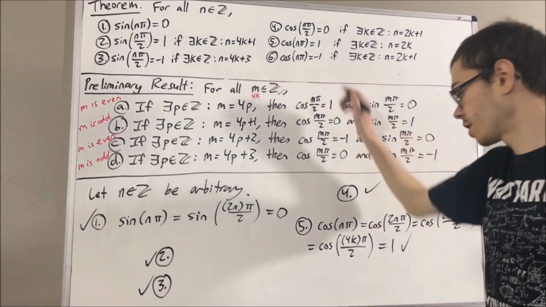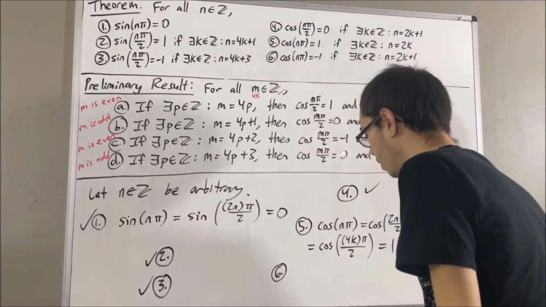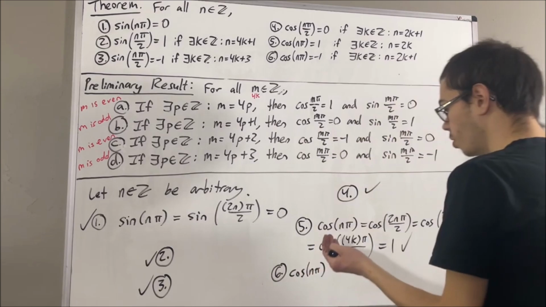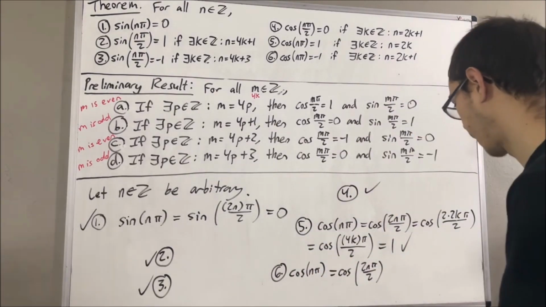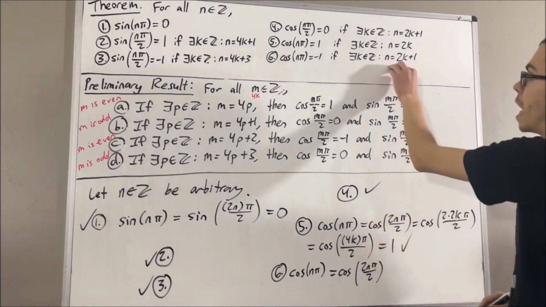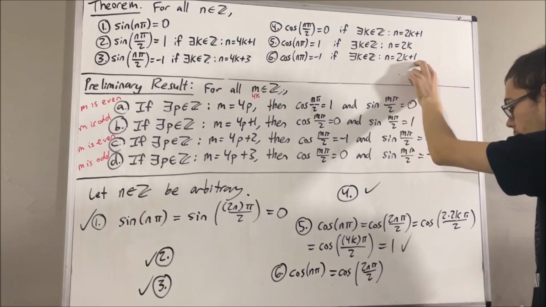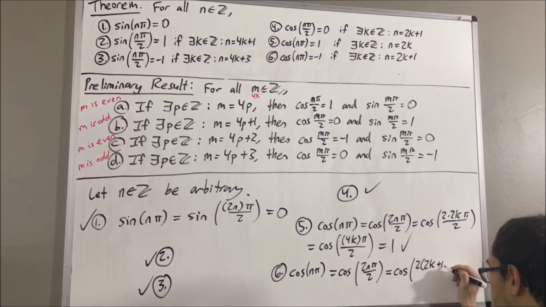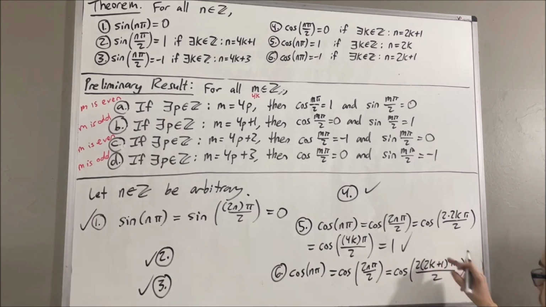As for result 6, it's actually going to be similar to result number 5. Right, again, let's write out cosine of n pi. We're going to multiply and divide by 2 once again. And then we're assuming n is odd in this case, right? So we're assuming n is equal to 2k plus 1. So I'm going to replace n with 2k plus 1. So we have this. But then if I distribute the 2 across, we get 4k plus 2 pi over 2.